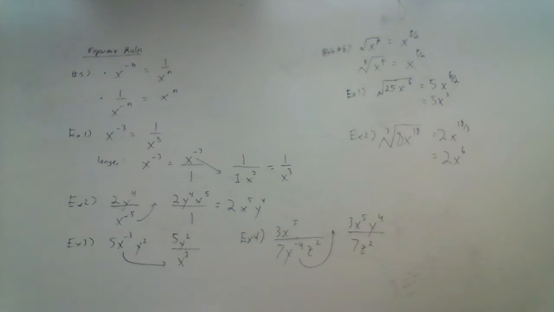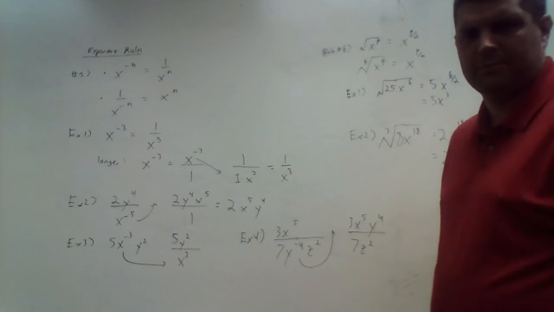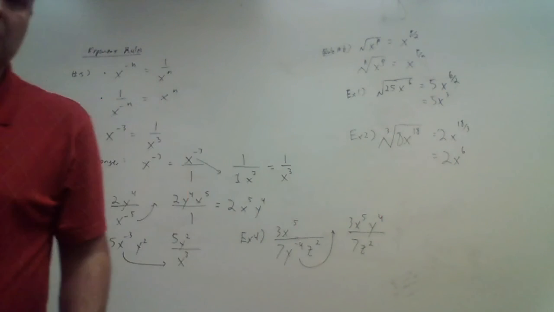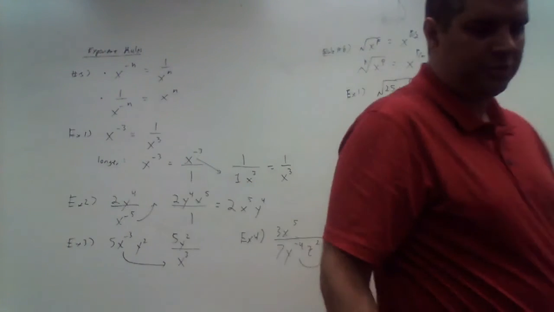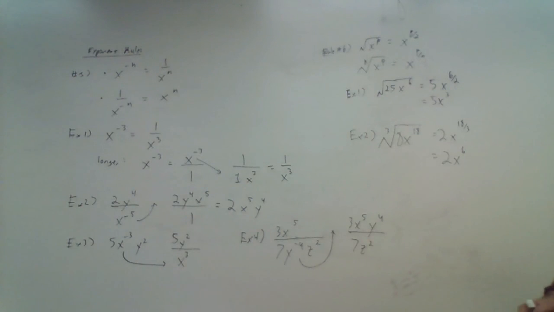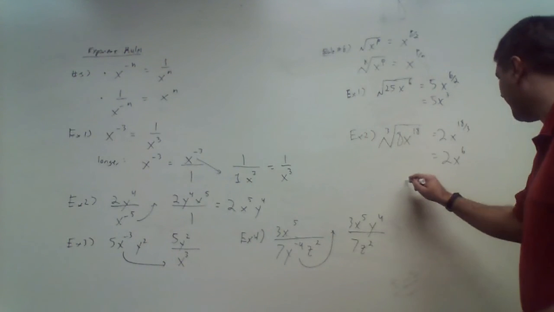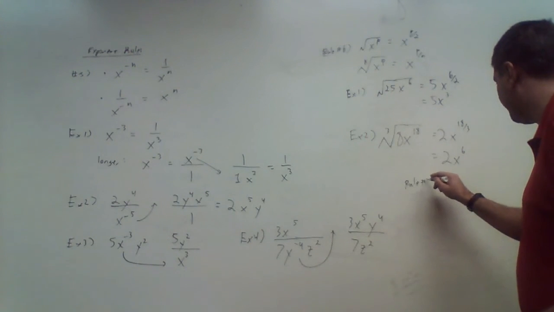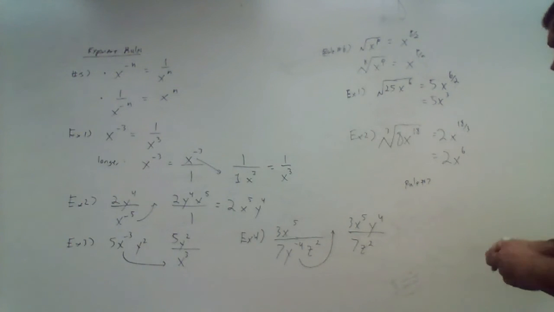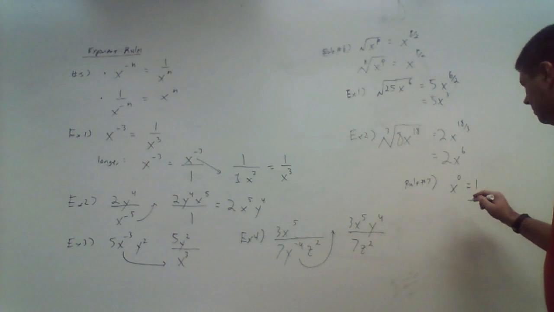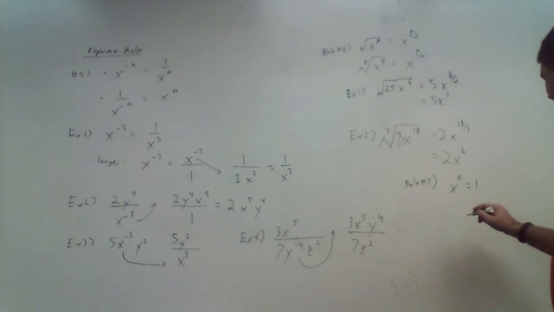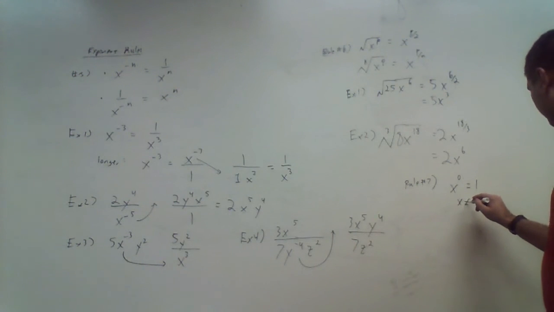All right. Rule number 7 and 8. Rule number 7, you guys can read that on the board, or you can read that on the paper, but I'll make it quick. X to the 0th is 1 if x does not equal 0.